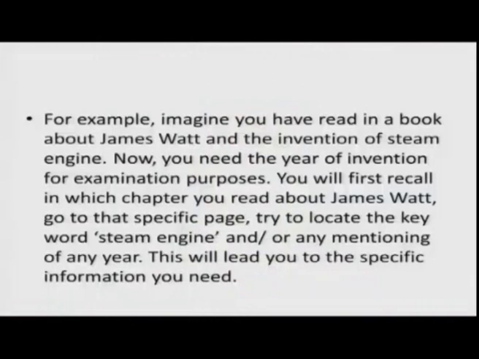For example, imagine you have read in a book about James Watt and the invention of the steam engine. Now, you need the year of invention for your examination.